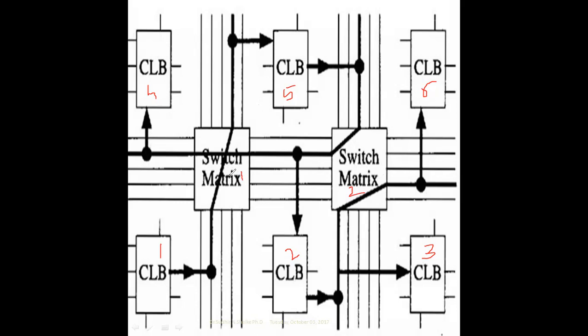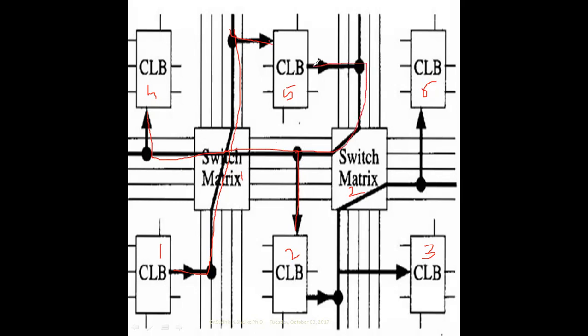Once I have connected and programmed, that path has been decided and dedicated. This line from CLB1 has been physically connected to this line, as well as to CLB5, and the same line communicates to CLB2 and here also.